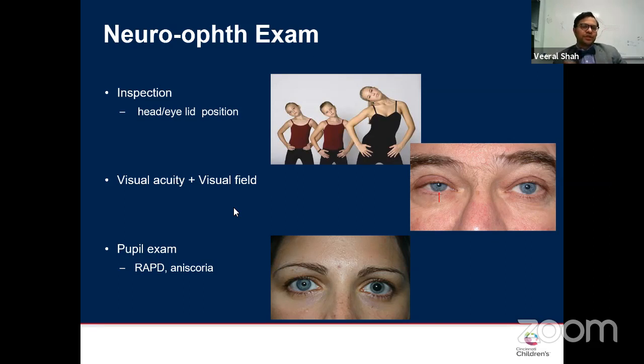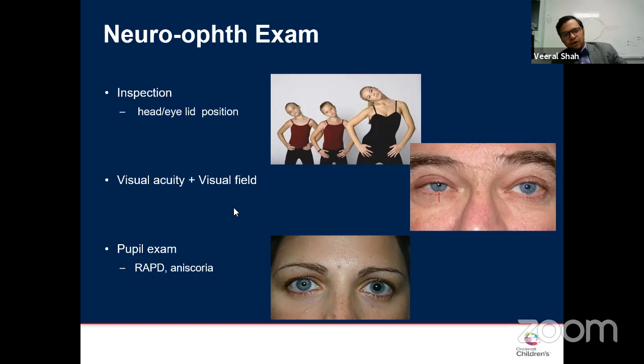Visual acuity. So vision is an essential part of ophthalmology. In neuro-ophthalmology, it's key. Neurologists that I've seen have made mistakes about vision, and that's why I always emphasize this point, is that vision is acuity plus the field, okay?